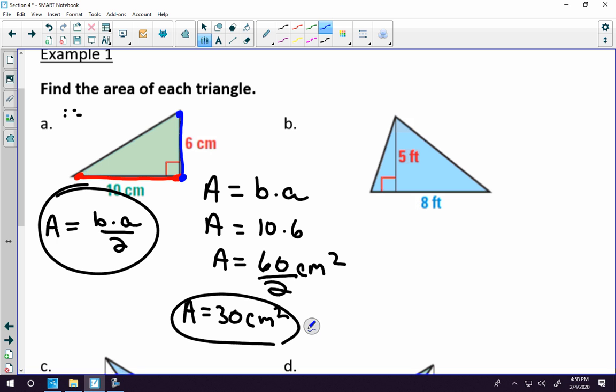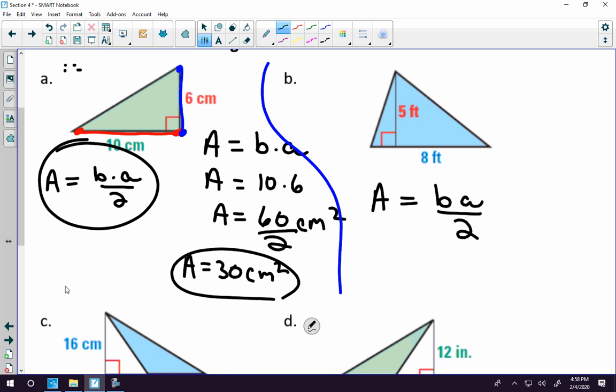Let's go to example B. How do we find the space inside of this triangle? We take the base length times the altitude divided by 2. The challenge for students is identifying what's the base length and what's the altitude. The base length is 8, and the altitude is found by finding the segment that is perpendicular to the blue segment.